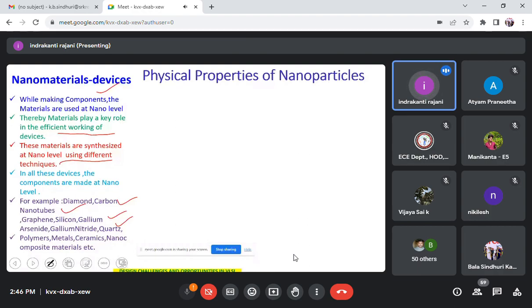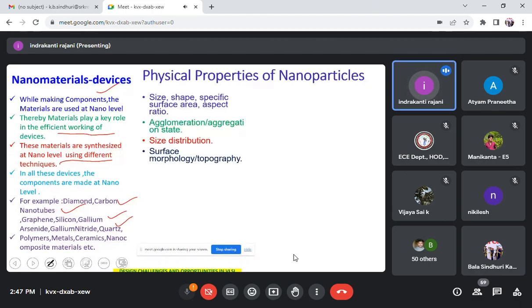So the physical properties of nanoparticles which change are the size, shape, surface area, aspect ratio, agglomeration, size distribution, surface morphology, structure, solubility, color, density, hardness.